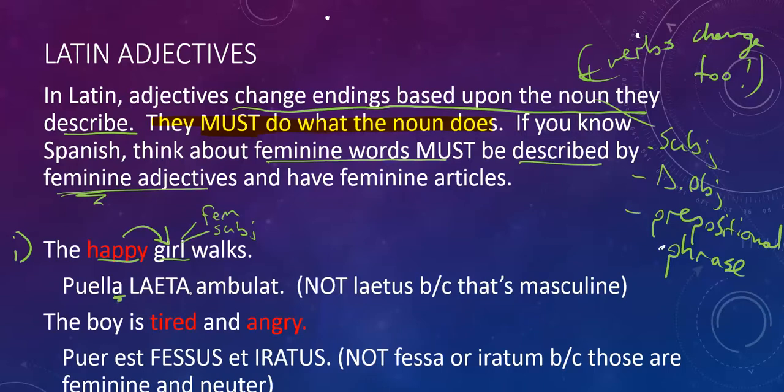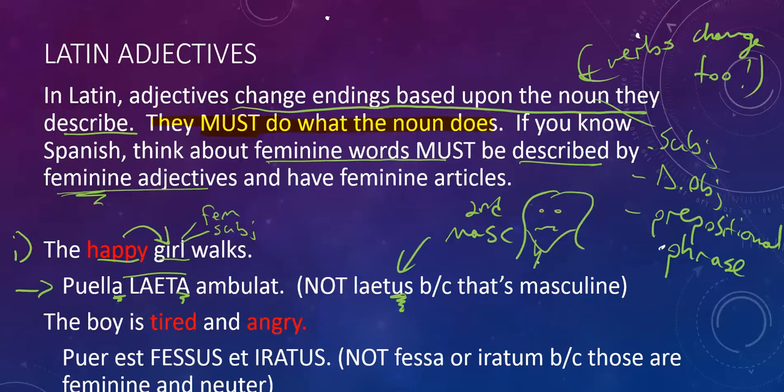So, both happy and girl, when we look at the Latin, have a nominative feminine ending, the A. There's no way happy would have a US, because that would be second masculine. And unless you want your girl to be very sad because she's just grown a beard and turned into Gandalf the Wizard, then you're going to make sure she has a feminine ending.